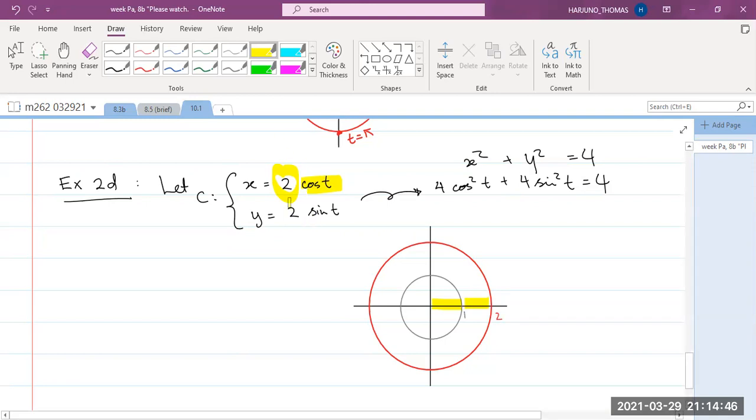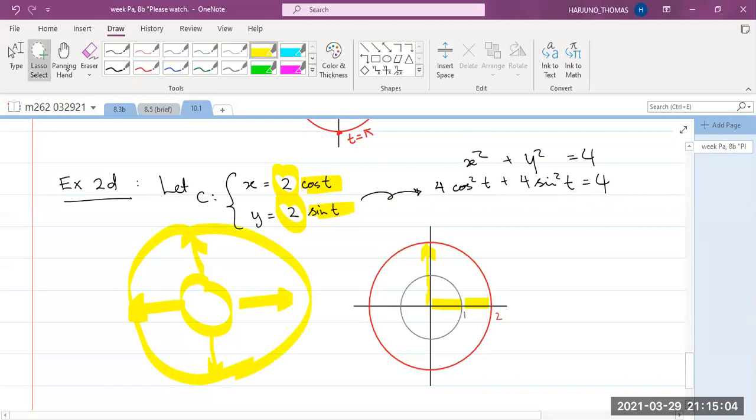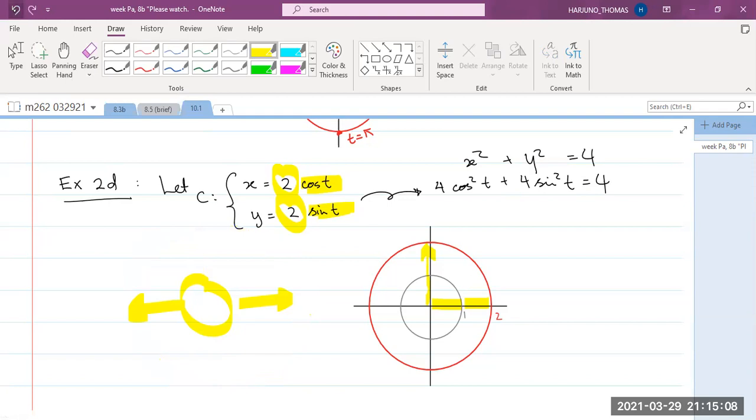If you multiply the y by 2, originally just sine t, then you stretch that vertically by a factor of 2 also. So when you have a unit circle, you stretch it this way, the same way you stretch it this way, then it will still be a circle, but now a different radius. It's radius of 2 right now.